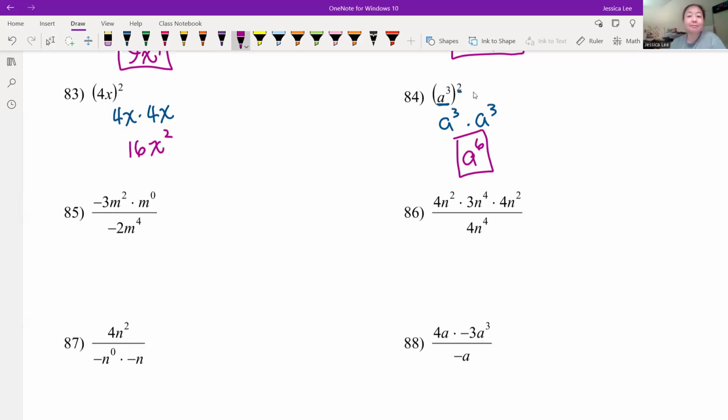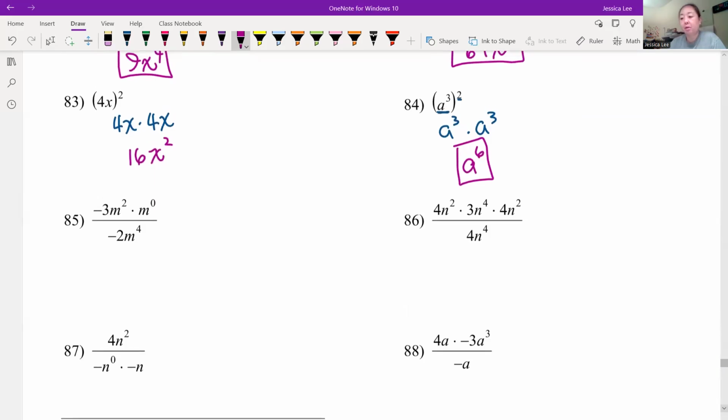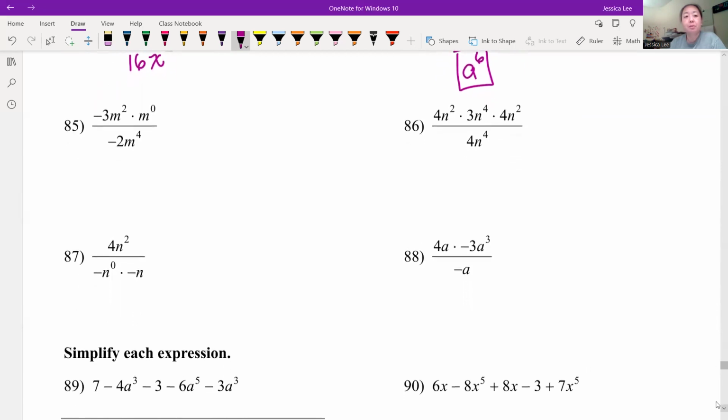Okay. Ooh, my favorite. Here we go. All right, so here we have, okay, I'm going to put the fraction bar here. On the top, we're doing this separately. So -3. I know I have 2 m's, so m times m. And m to the 0 power, remember, anything to the 0 power is just 1.